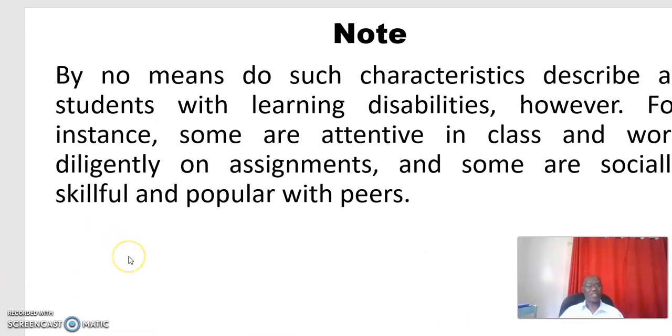But note that by no means do such characteristics describe all students with learning disabilities. For instance, some are attentive in class and work diligently on assignments, and some are socially skillful and popular with their peers.